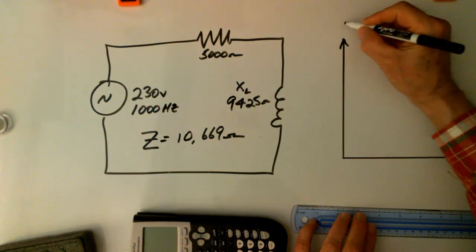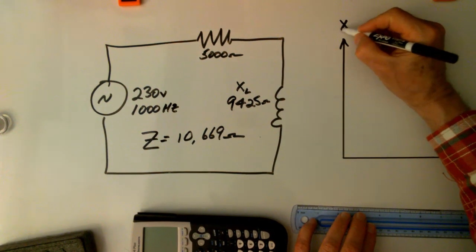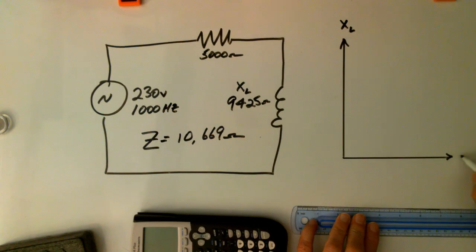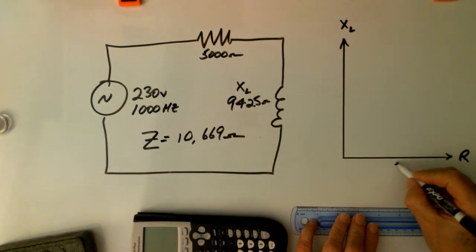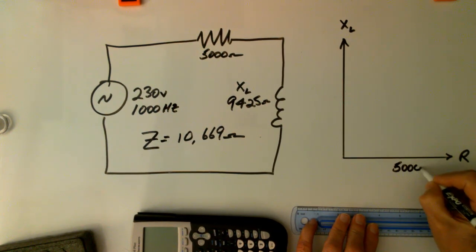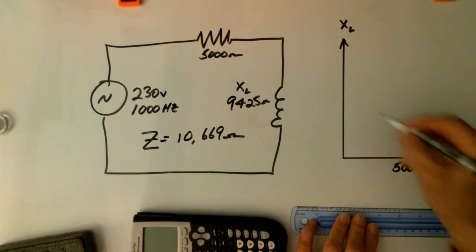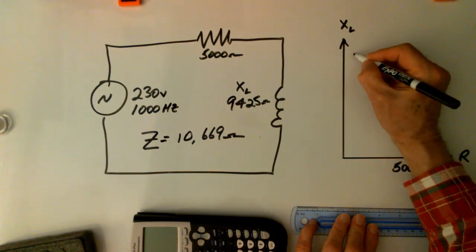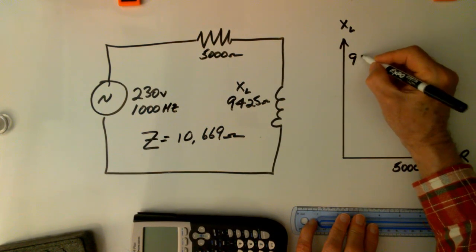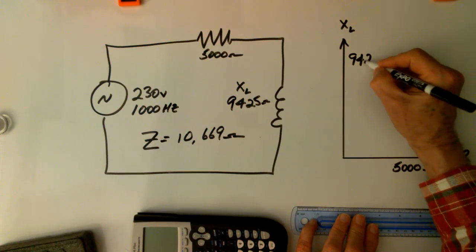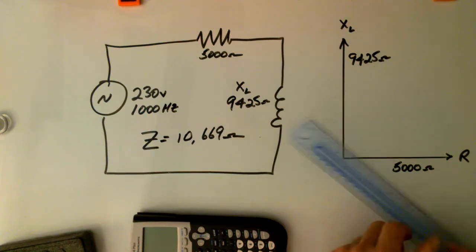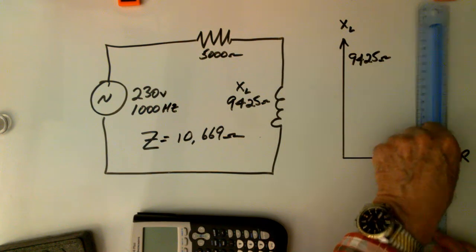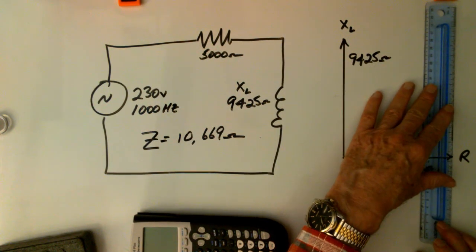This one will be X sub L. This one will be resistance. So this axis is 5,000 ohms long, and this vertical axis is 9,425 ohms. Okay, so we'll call them vectors. We'll pretend they're not moving.